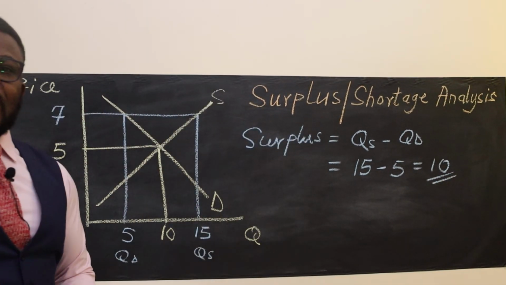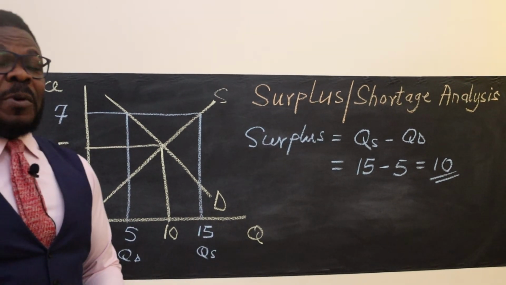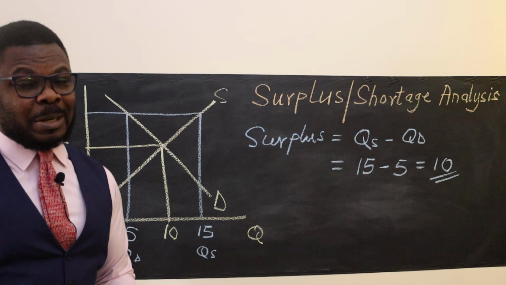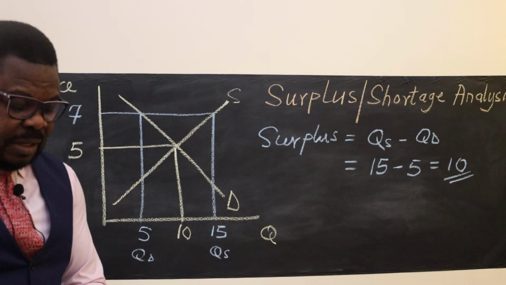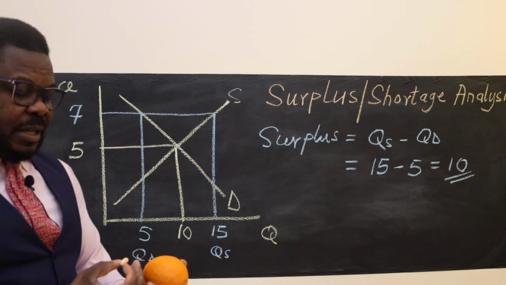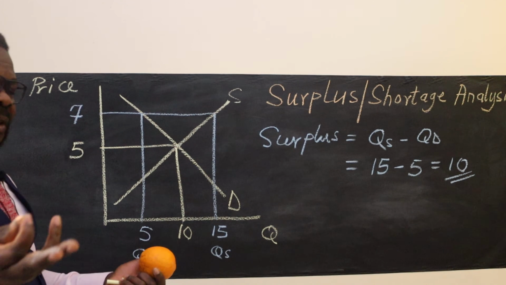That is your level of surplus. It's quite straightforward. Okay, what about if the question was about shortage? The shortage will be the opposite of what we've just done. So I'm going to change my color a little bit and see if that shows up. So here is your shortage.